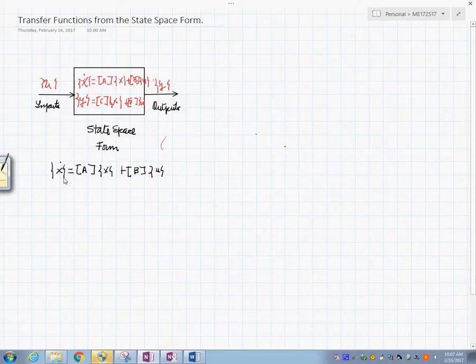This is this, right? And then you have that the output y is the matrix C times the state space vector plus D times u. Okay? This is obviously the time domain equations.